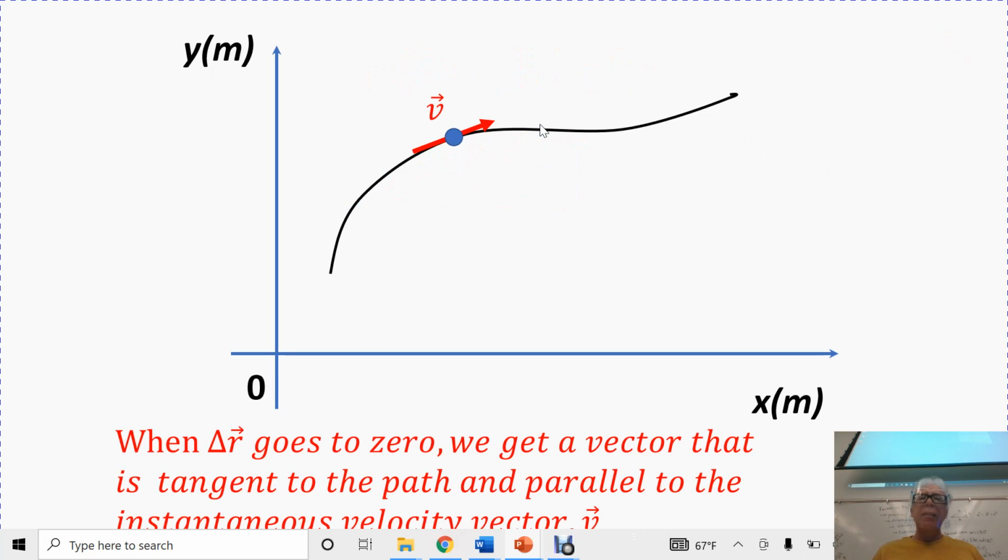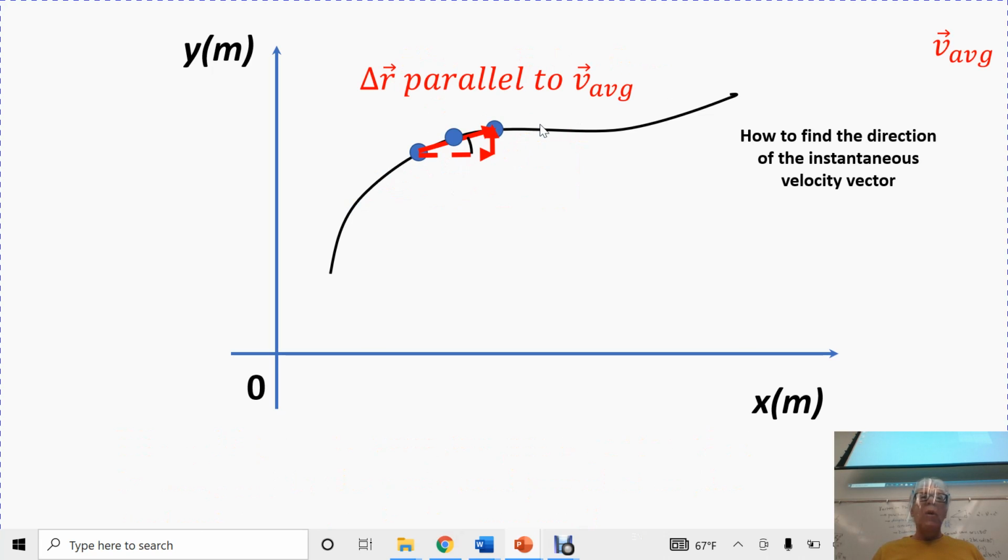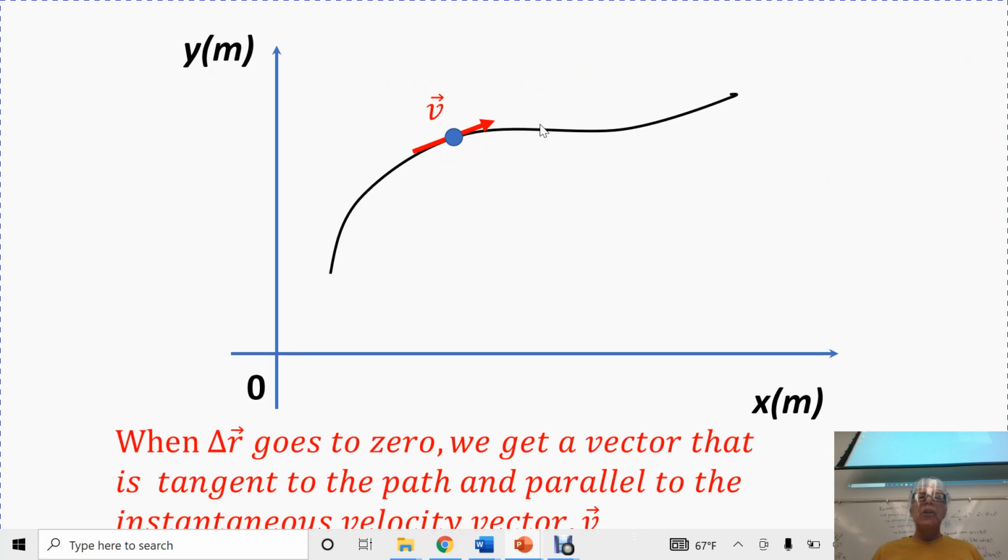We find out the instantaneous velocity will always be tangent to the path of the particle, no matter what the path is. If this is described as a parabolic path in space, it means the instantaneous velocity vector will be tangent to this parabola. Can you remember that?